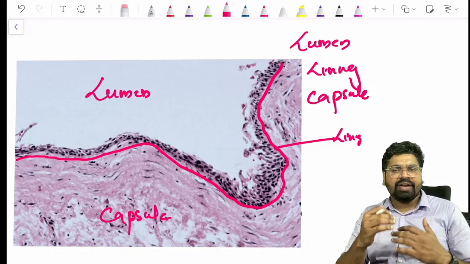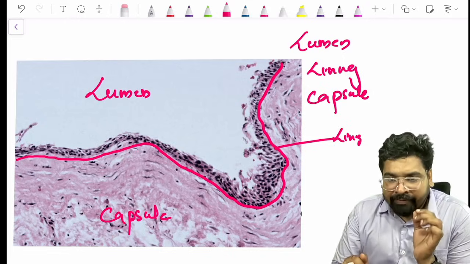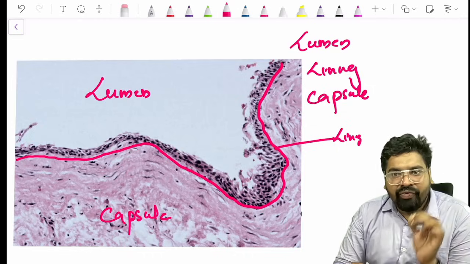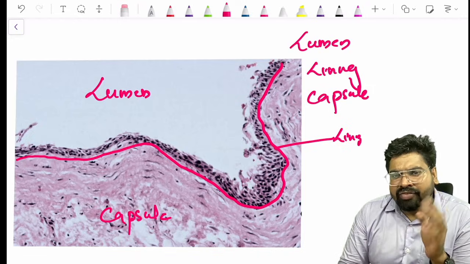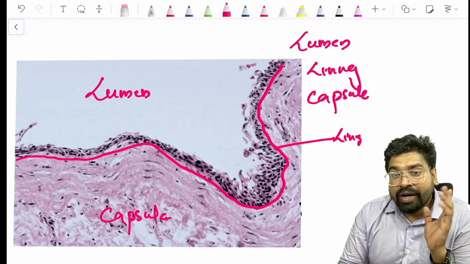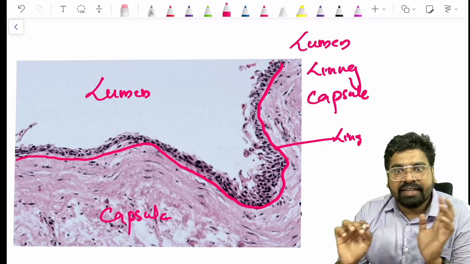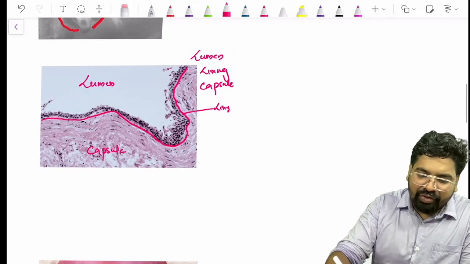From the histology you have to identify lumen, lining, and capsule. Now when you get IBQs, image based questions, the best way to find out whether this epithelium is of a mucosa, a skin, or a cyst is very easy. The lining of a cyst doesn't have any rete ridges.